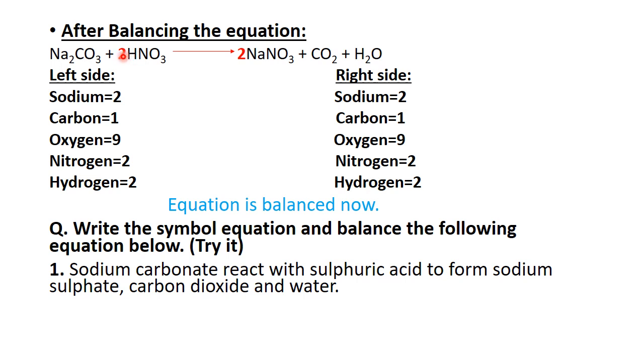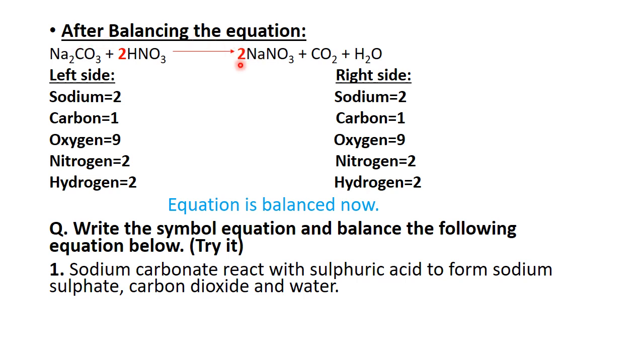So in order to balance the sodium on the right hand side, we will write 2 before NaNO3. Okay. So in this way we will be able to balance the sodium and hydrogen on both sides. So now you can check it, each and every atom is balanced on both sides.